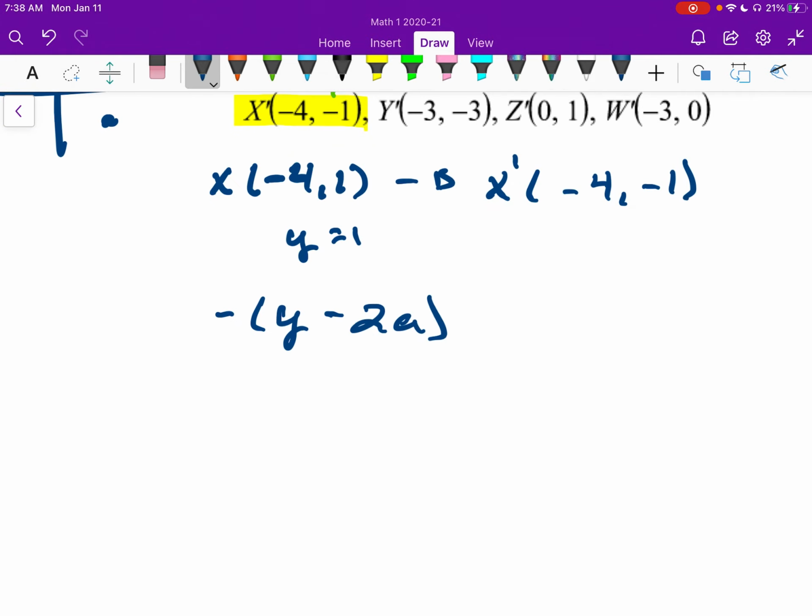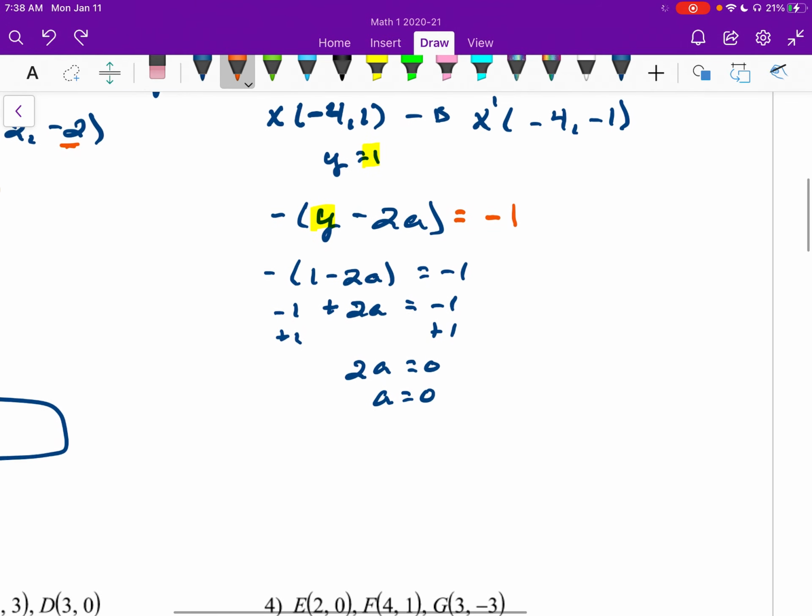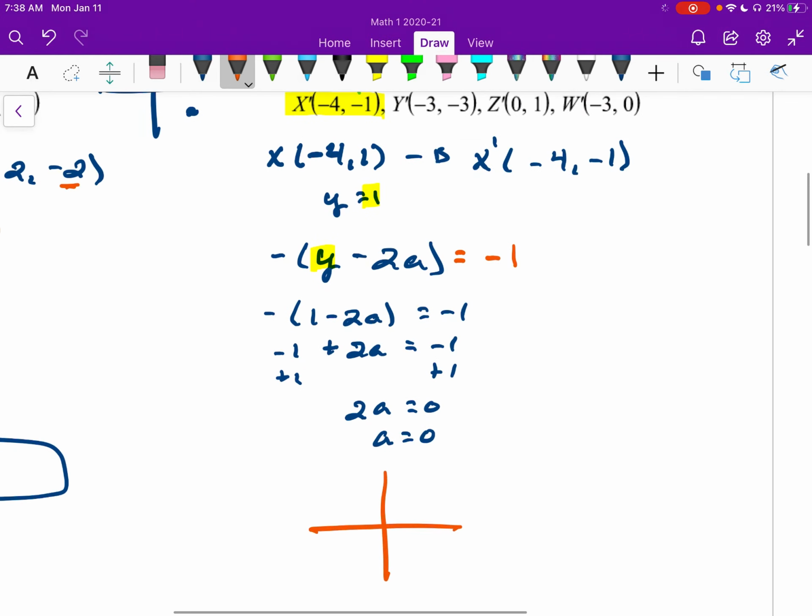So I'll plug in my 1, and then I'm going to set it equal to -1. So I'll have -1 minus 2a is -1, so I'll have -1 plus 2a is -1. I add my 1 over to the other side, and I get 2a is 0, so a is 0. Now whenever a is 0, it means that we're on the axis.